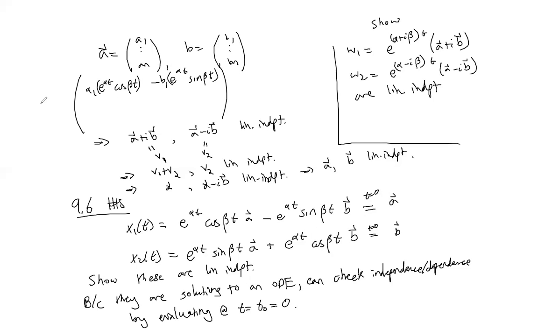Here's x1. And then you write x2 out. And you could try taking some linear combination and setting it equal to 0 and making some argument there. So this is A1 e to the alpha t.